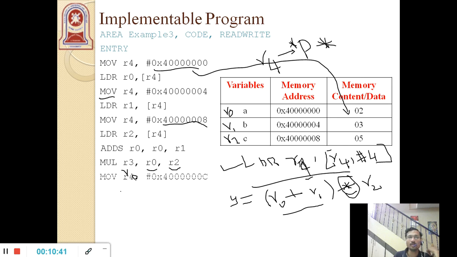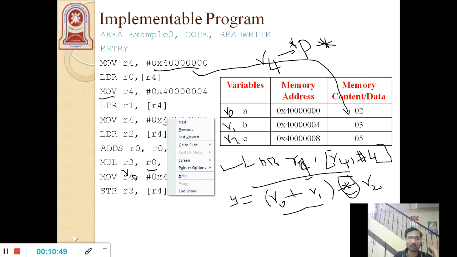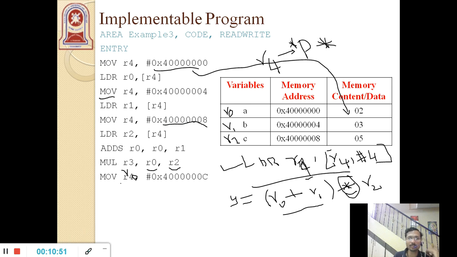Now I need to store this result. Where should I store it? The result must be stored in 0x4000000C. That is what they have provided in the question. So I take the address in my pointer register R4. Then the content of R3, where is my final answer?